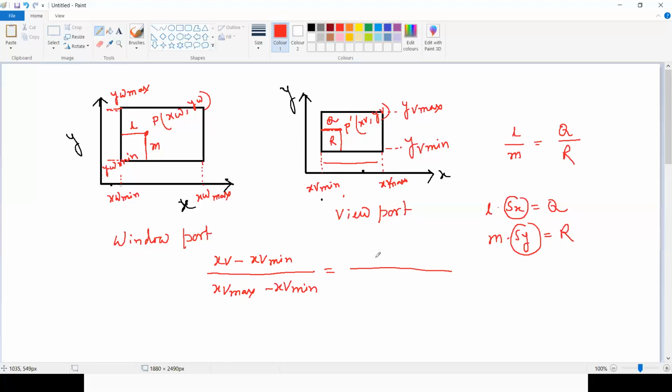So what is my L? We can write L as xw minus xw min, divided by the total unit. The reference frame is xw max minus xw min.